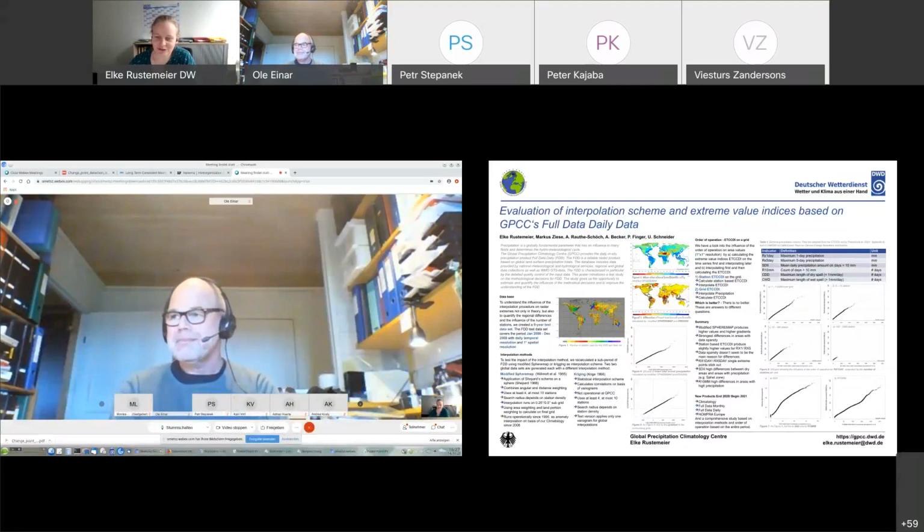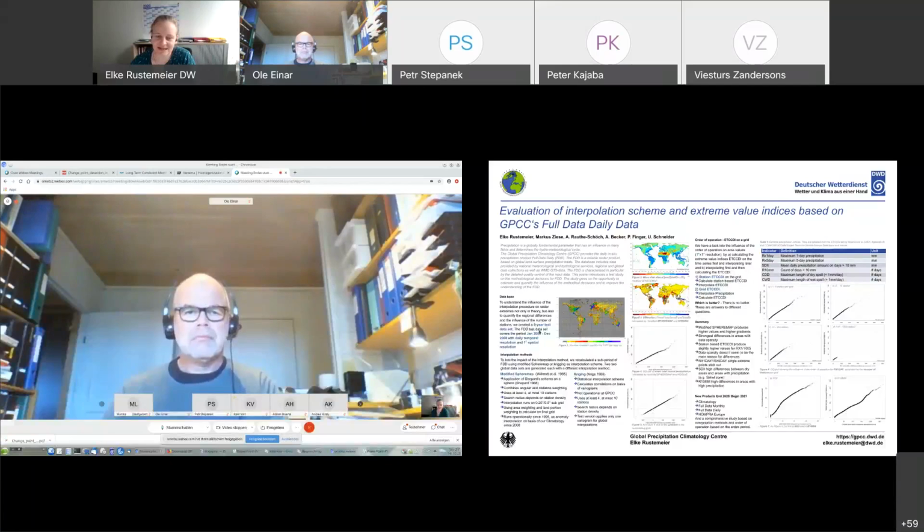So here I put all the stations we have collected, and these are the number of stations that we calculated the climatology from. And now there were a lot of questions, what influence the interpolation has. And so to really show it not theoretical, but also the values, we made a test data set.